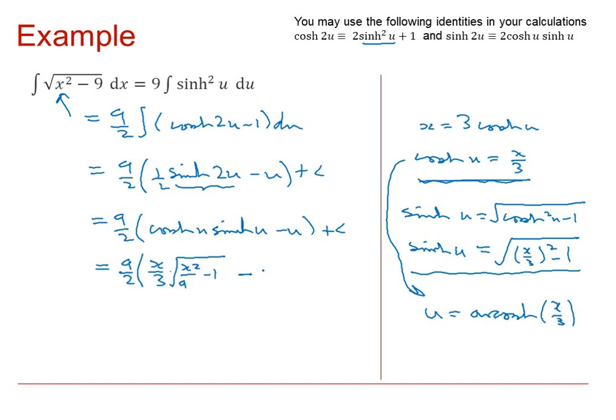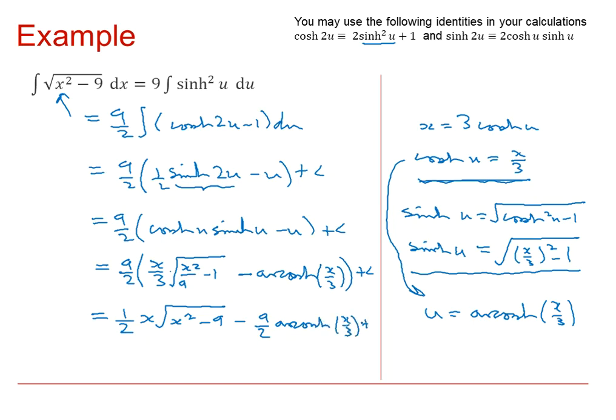So this is take away arcosh x over 3 plus c, and just simplifying this a bit, losing the brackets, I'm also going to pull a 9th out of this square root, so we will end up with a half of x times the square root of x squared minus 9, minus 9 over 2 arcosh x over 3 plus c.